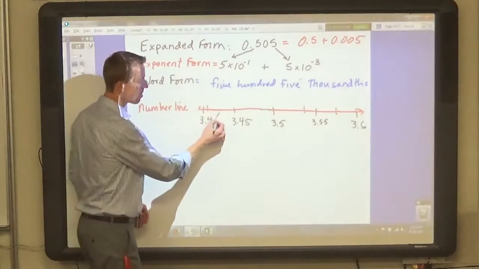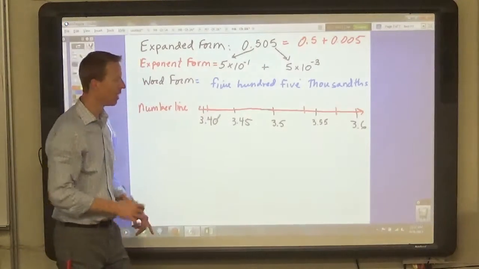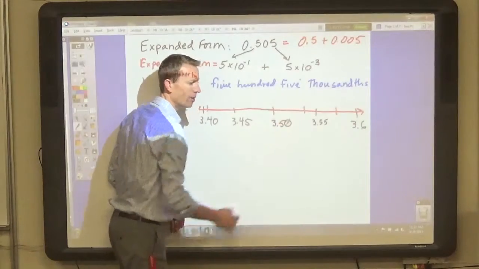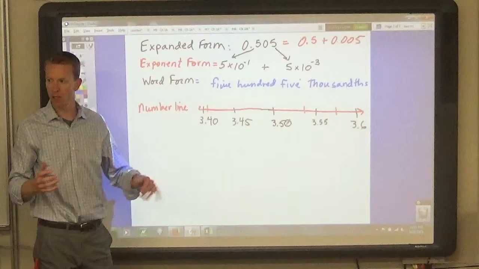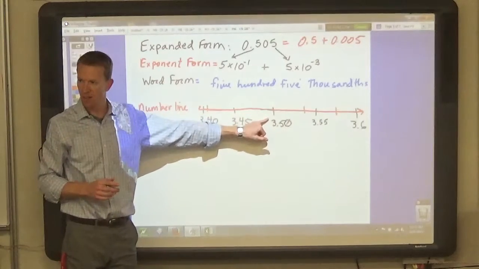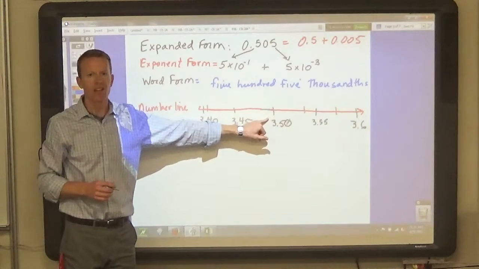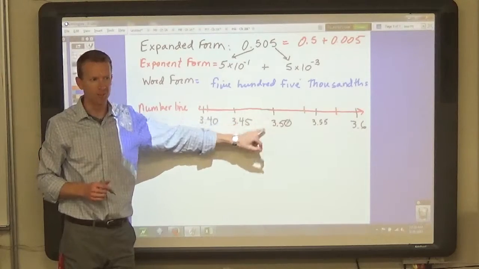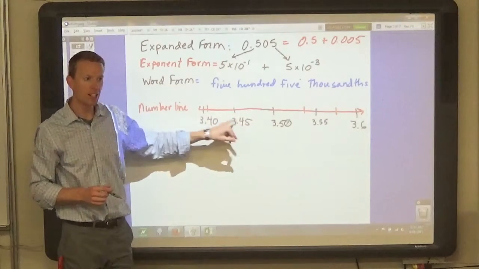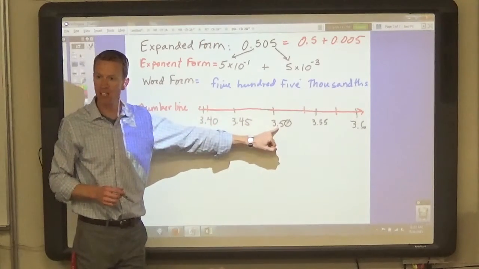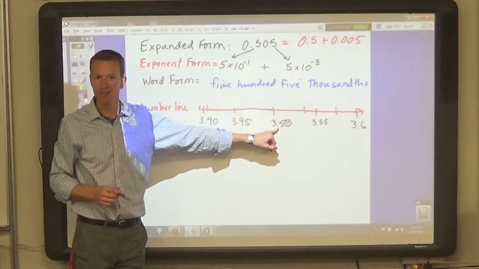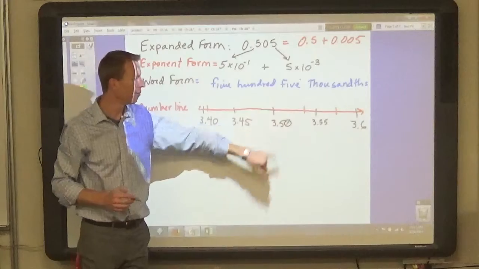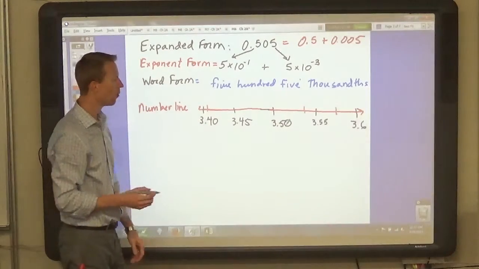Let's look at it this way. Let's look at this as 3.40 and 3.50. Can we do that without changing the value of the number? Can we put a 0 on the end? Yeah. Nod your head. Yep. So 45 is in between 40 and 50, right? Can we keep doing that?